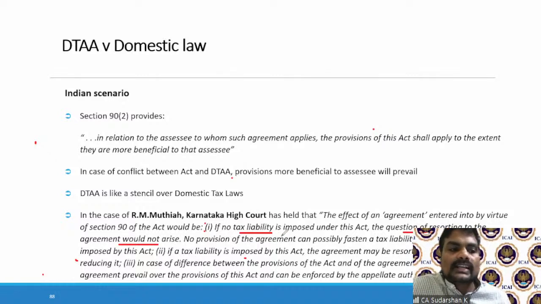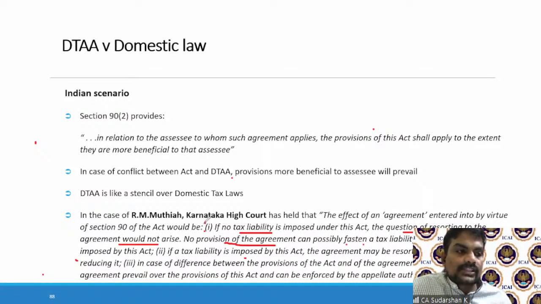So if no tax liability is imposed, the question of resorting to the agreement would not arise. Why? Because the objective of a tax treaty itself is only to relieve double taxation. No provision of the agreement, that is the tax treaty or double tax avoidance agreement, can possibly fasten a tax liability where the liability is not imposed by the Act.